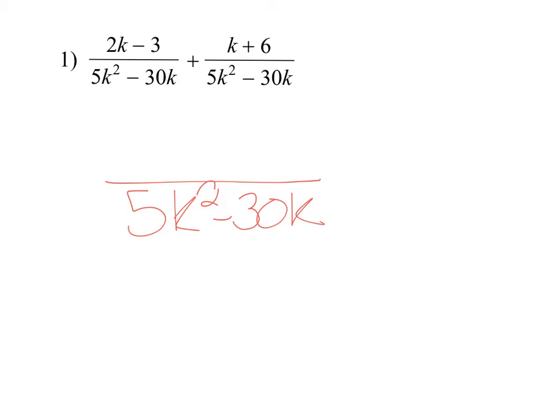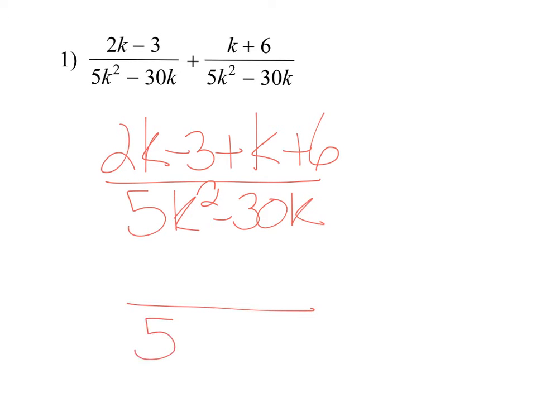And we can put the whole entire numerator above it. So it just becomes one fraction, which makes life a lot easier. And then we can again keep the denominator exactly the same. Nothing's going to change with that guy.